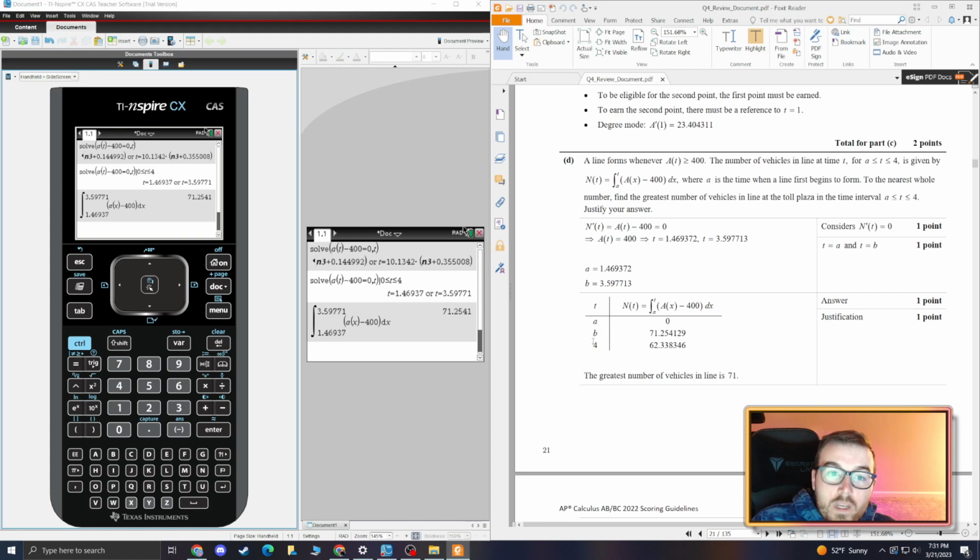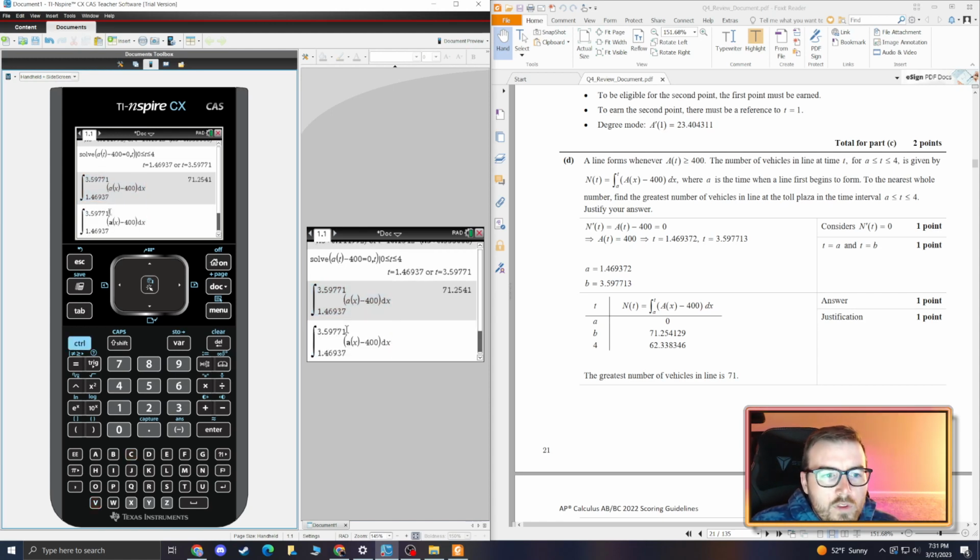Now, we have to test the beginning and end of the interval as well as the critical points. We just tested one of the critical points, 3.59771. But we have to test the beginning of the interval and the end of the interval. What's the beginning of the interval? The a value. So you're solving for an integral whose bottom and top bound are the same.